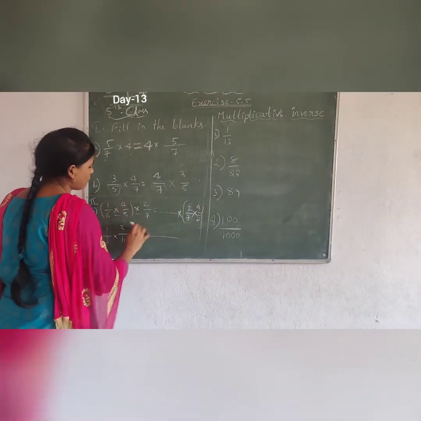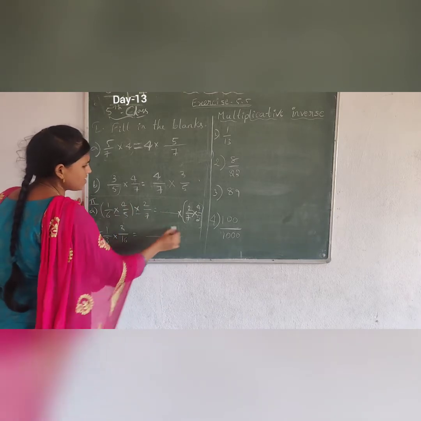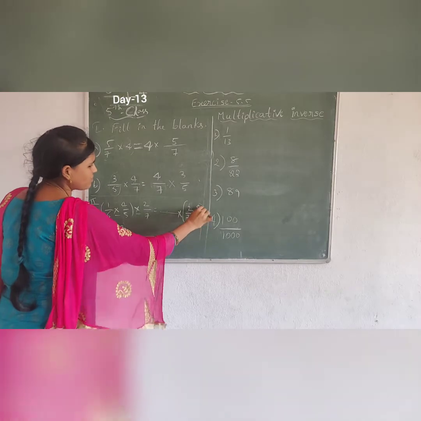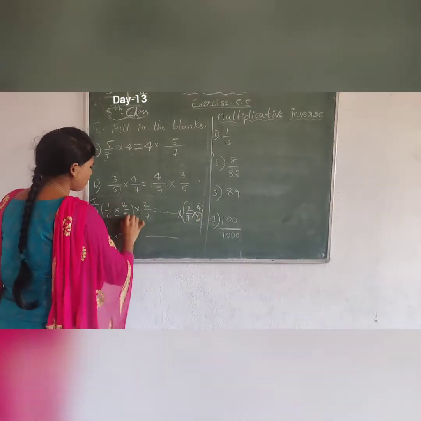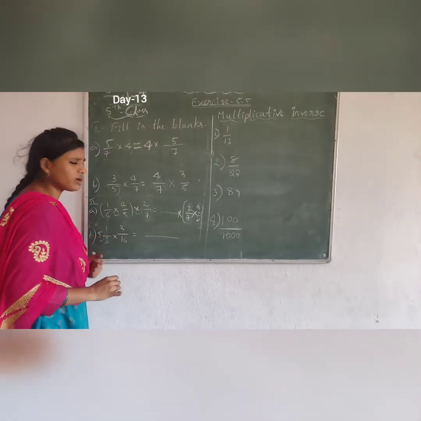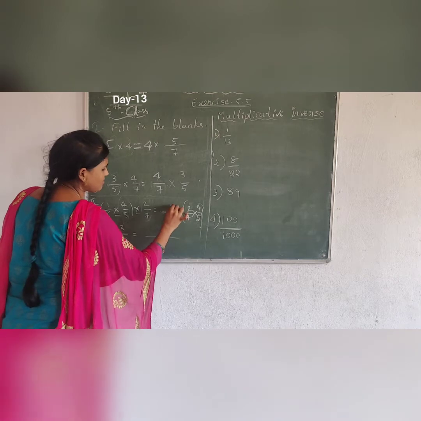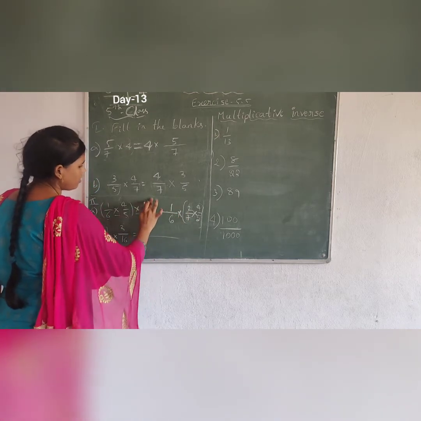However you multiply, you will get the same answer. So see here, we have 2 by 7 and 4 by 5 given. Then which is not given? 1 by 6. You write down the 1 by 6 in this place.